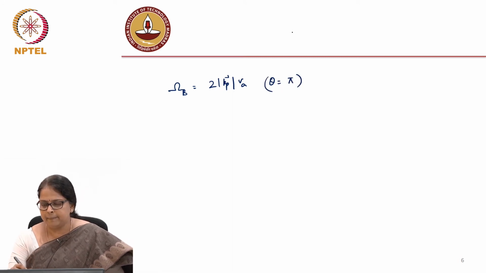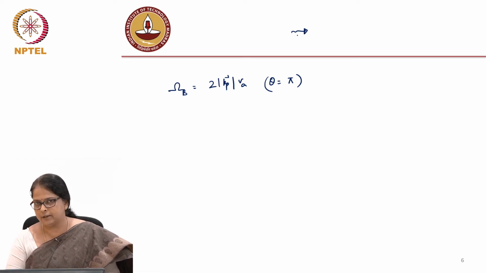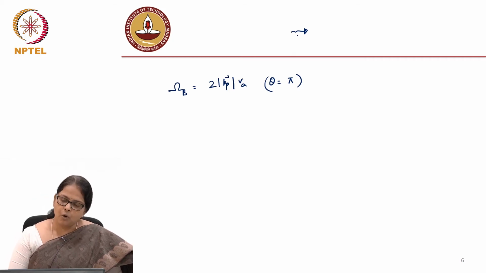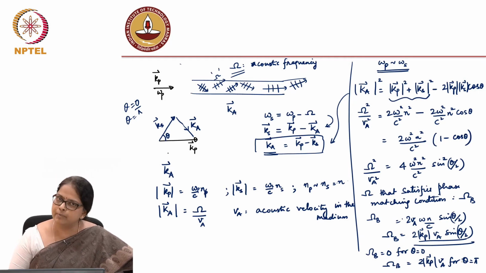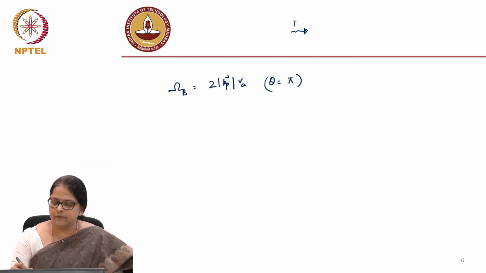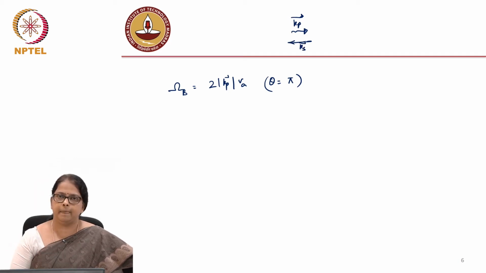It means that the pump propagating in the forward direction in the fiber can result in a frequency shift only for this theta, which is the angle between Kp and Ks, at pi. So for a phase matched Brillouin process to happen, if this is the direction of Kp, my Ks will always be in the opposite direction.